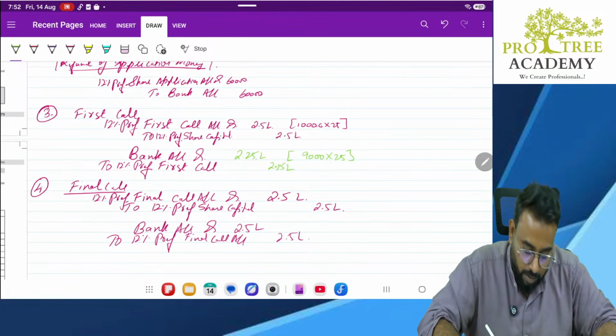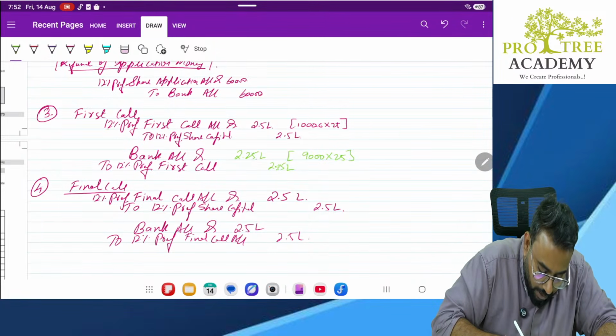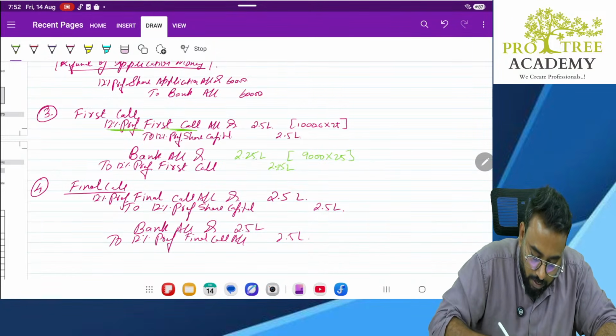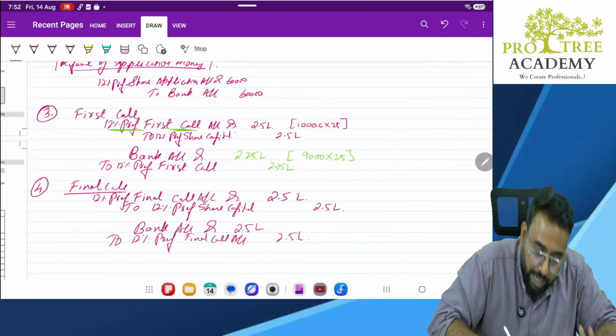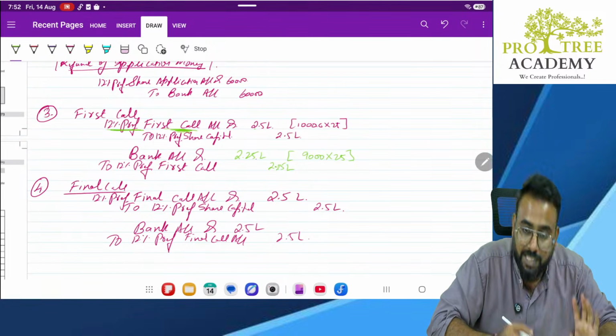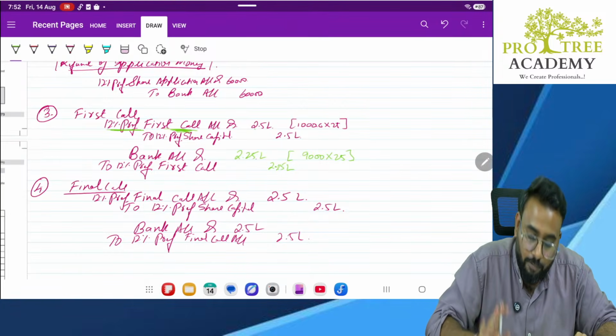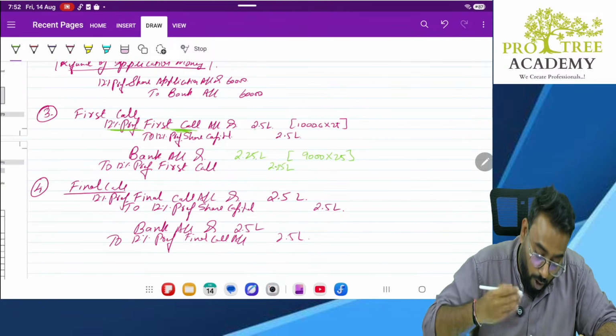Sir, then what happens to the balance? The balance will remain in this account only. Of 2.5 lakhs, 2.25 lakhs was received. The remaining will still be shown as balance receivable in the first call account.